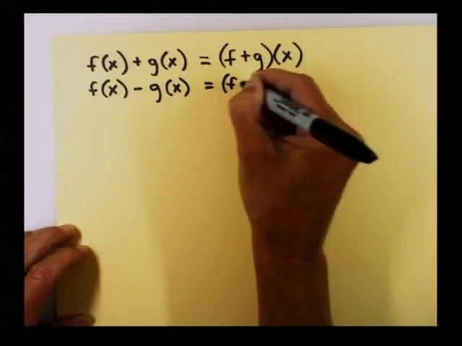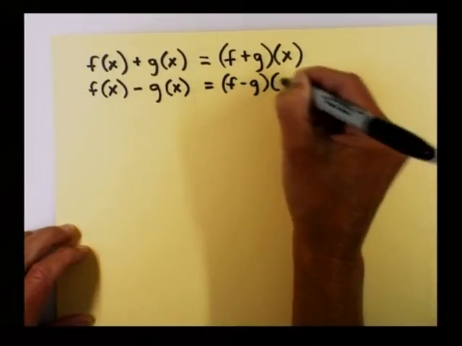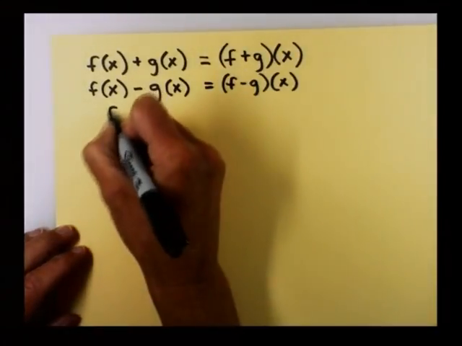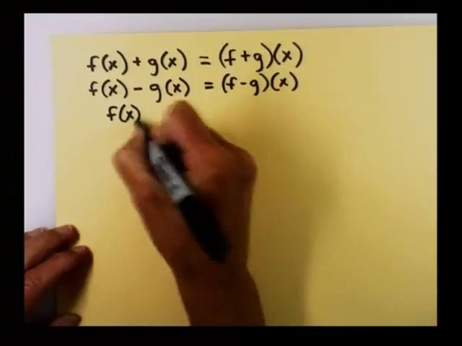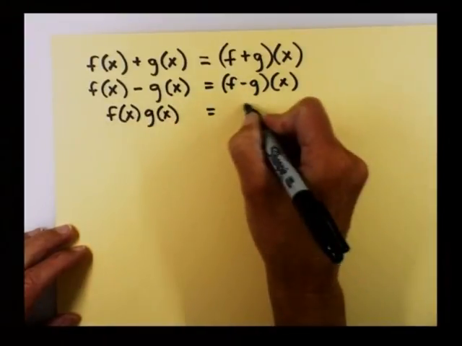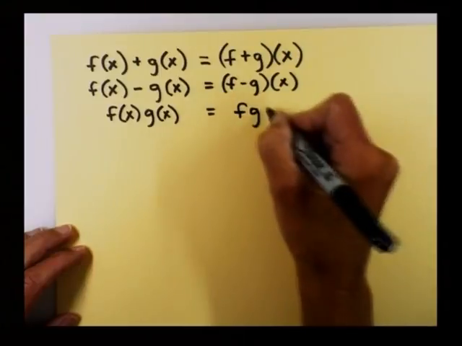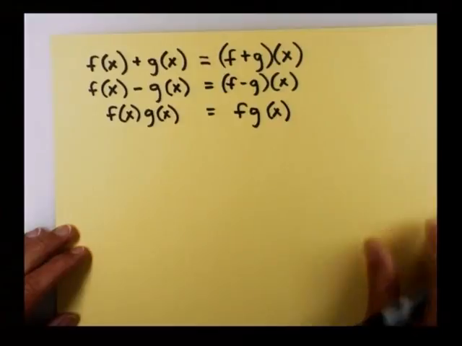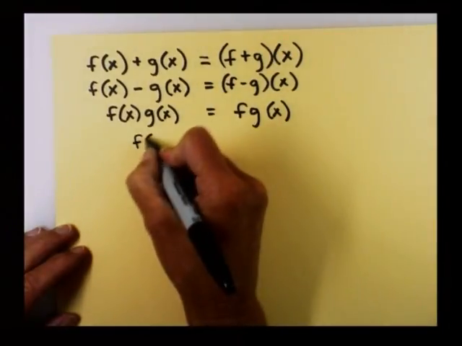And I'm just going to give you a list so that you see these symbols and know what they represent. When I subtract functions, it will look like this. If I'm multiplying my functions together, I can show it using this symbol. And dividing is the same thing.